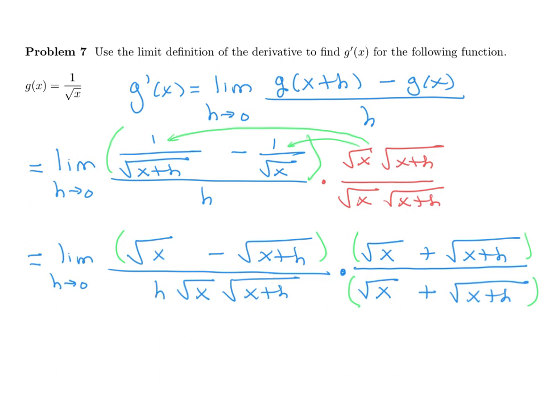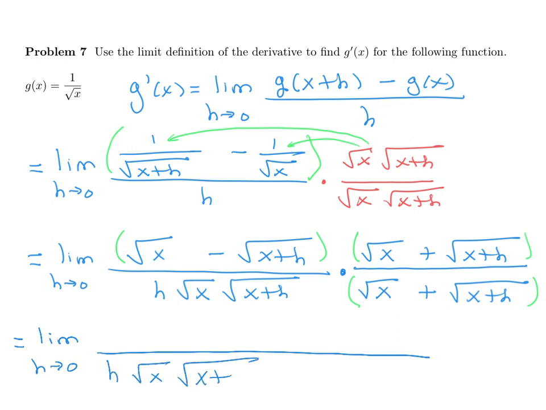So in my next step, this is the limit as h goes to 0 of, I'll write the denominator, it's going to be a lot, but we have h, the square root of x, the square root of x plus h, and then the square root of x plus the square root of x plus h. In the numerator, we'll have root x times root x, which is nice. It actually just gives us x.